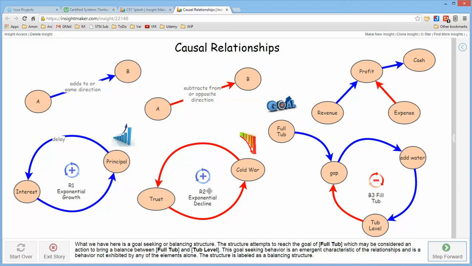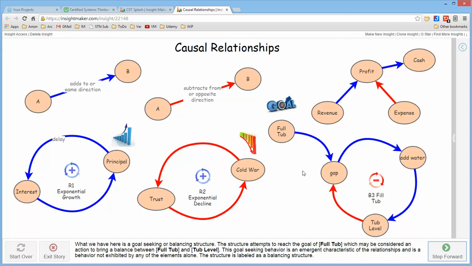In this one, it probably should have been R2 Cold War. Here, because it's a balancing loop or a goal-seeking structure, it's labeled B3, fill tub, and it's the fill tub that's the objective of this structure. It attempts to create a balance between the goal and the current level by changing the current value in the direction of the goal.